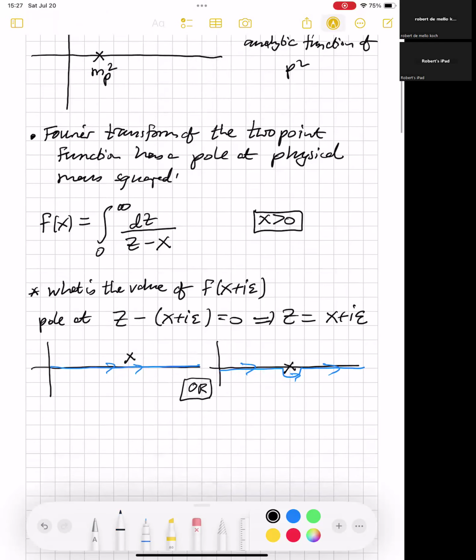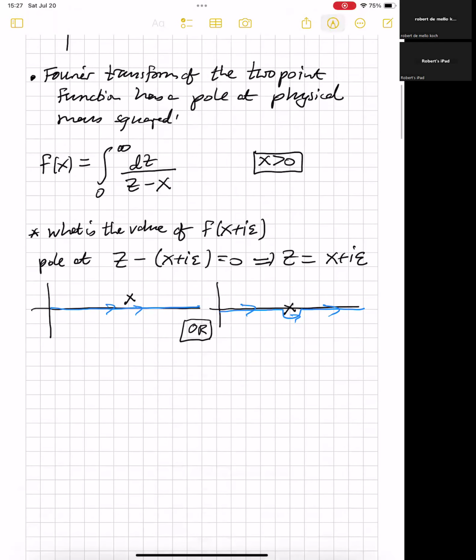Good. I could also ask, what is the value of f of x minus i epsilon? So in this case, where is the pole? The pole is at z minus x minus i epsilon is equal to 0.